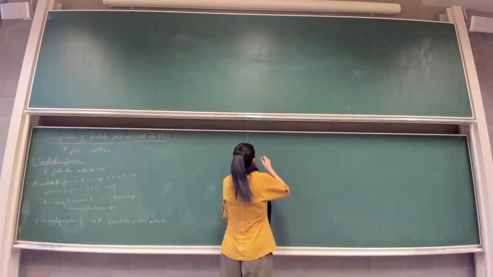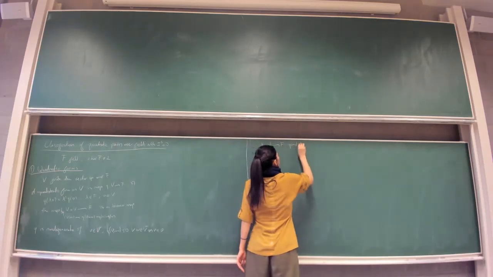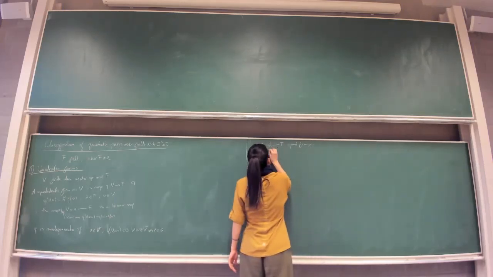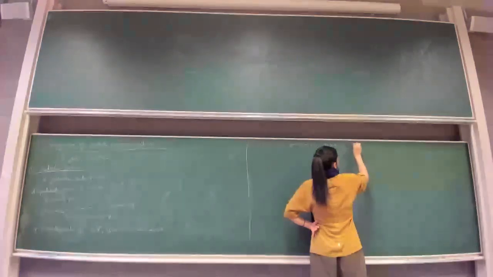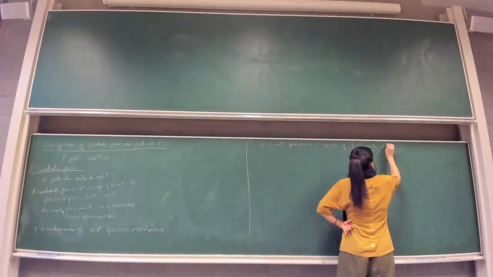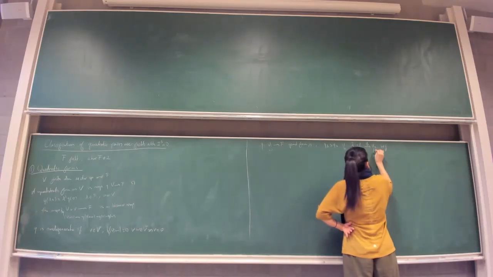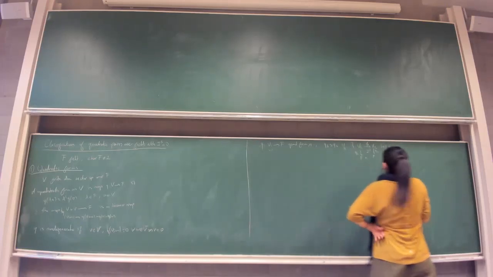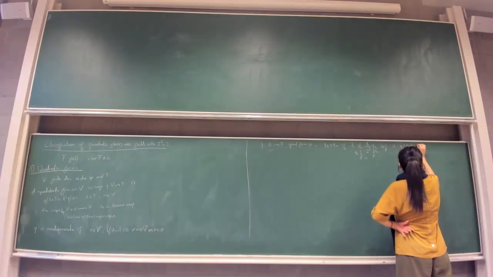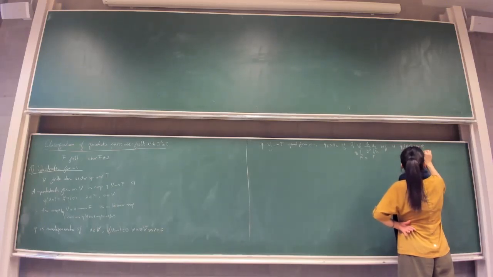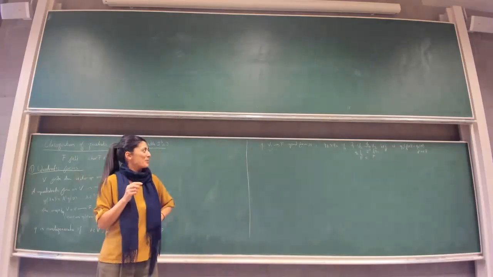So, we call an isometry: if Q1, Q2 are two quadratic forms over F, we call them isometric, and we write it like this, if you have a bijection f that's compatible with the quadratic forms, that is, you ask that Q2 of f(v) equals Q1(v). Too small. Okay, yes. I will try.